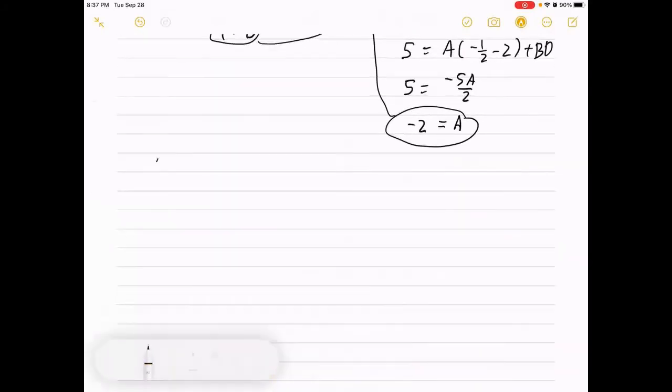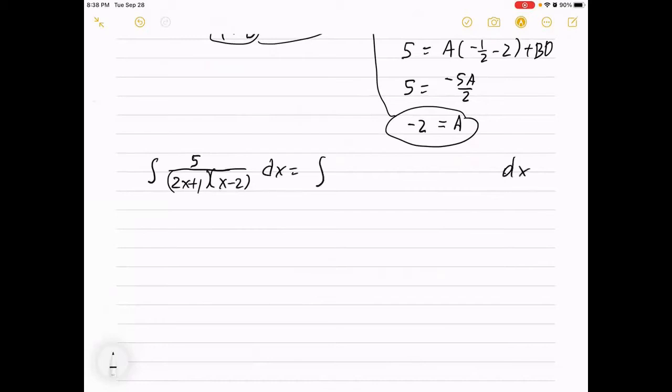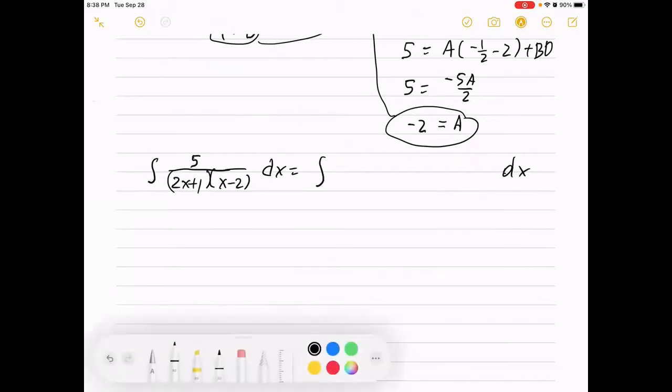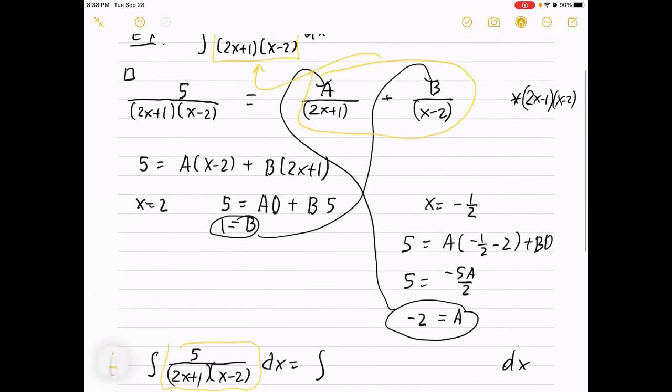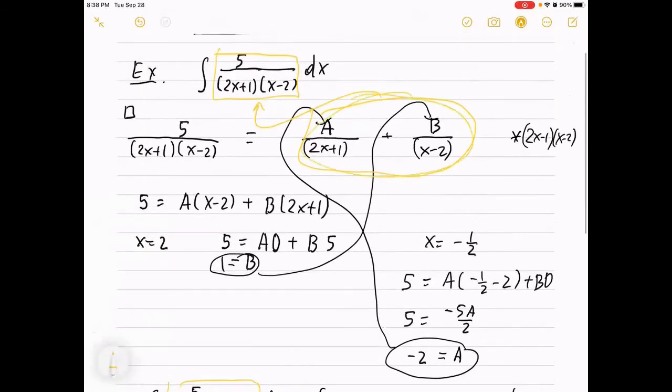Our original integral of 5 divided by 2x plus 1 times x minus 2 dx is going to be equal to the integral of, now instead of having this fraction here, we're going to write its equivalent form, which is this.